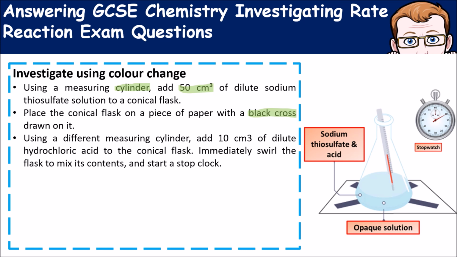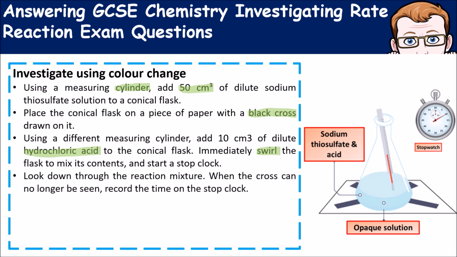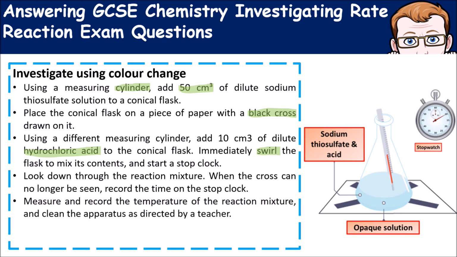Then talk about what you're going to react together: sodium thiosulfate with hydrochloric acid. If you are doing this reaction, you need to mention that you're going to swirl it to start off with. Then you look down through the reaction and start the stop clock when it starts, and stop it when you can no longer see that black cross.